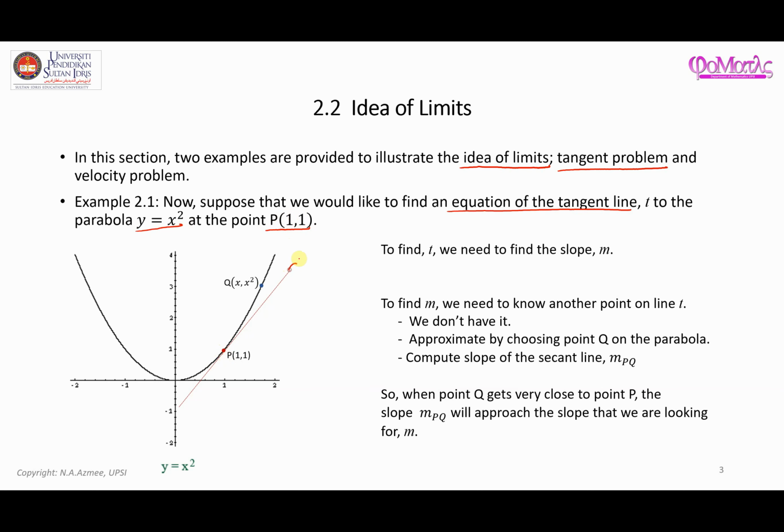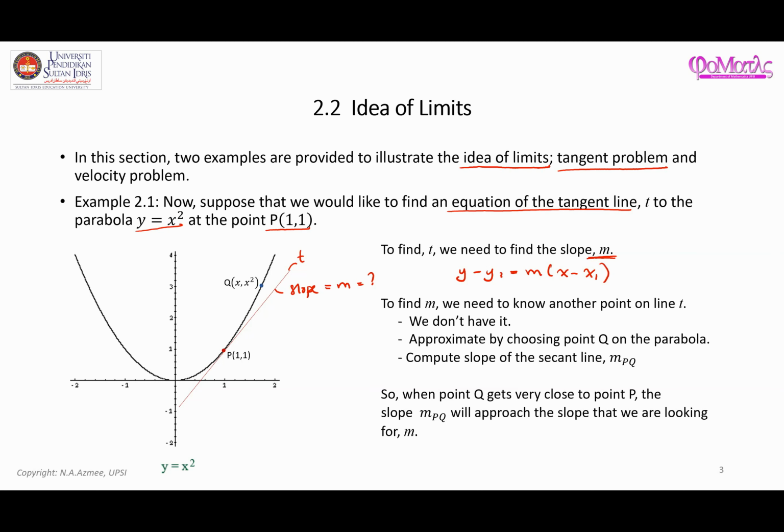So this is tangent line T. To find the equation, we need to know the slope, given by m here. Once you have the slope and the point, you can construct the equation using this familiar formula: y minus y1 is equal to m times x minus x1.